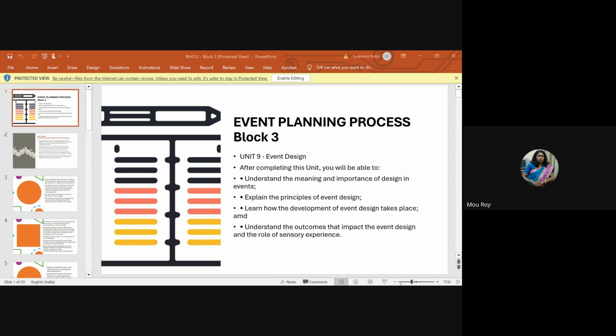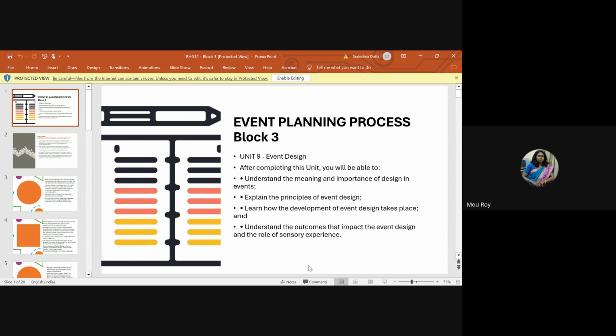Today this block has five units. So it's a very big unit, and I do also have some videos to show you all. I have kept the PPT a bit small this time, because usually my PPTs are like 40 slides, because it contains 4 units.